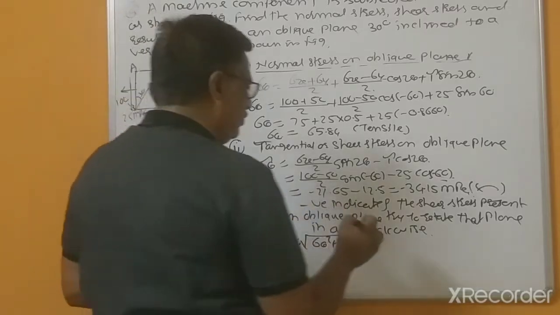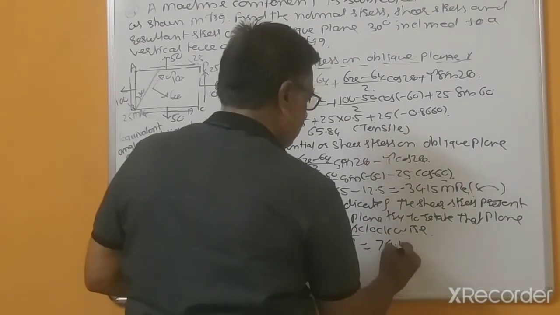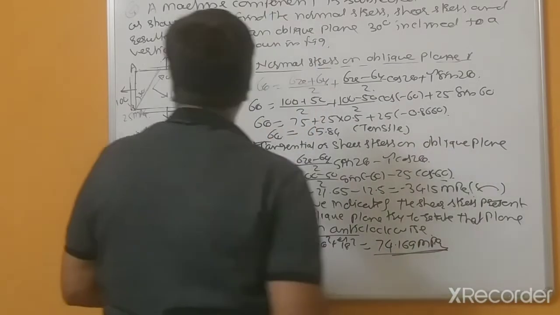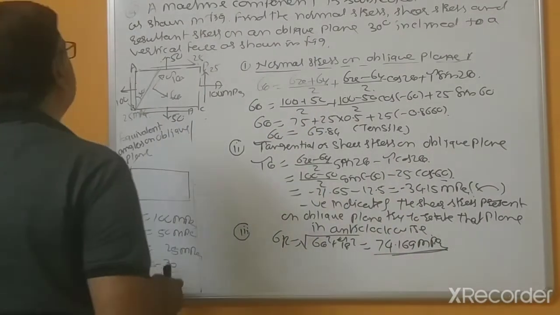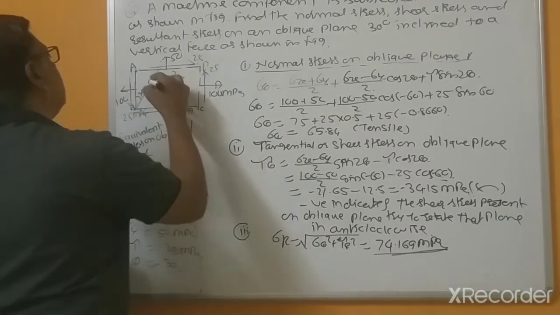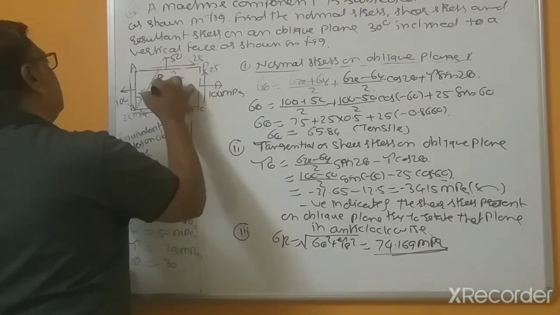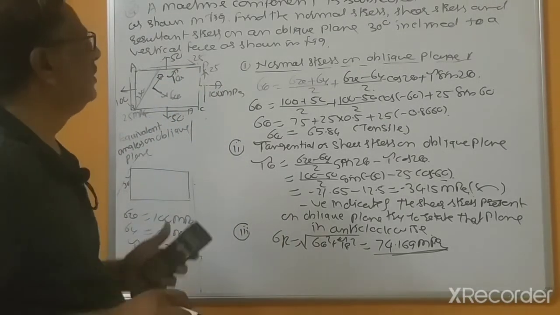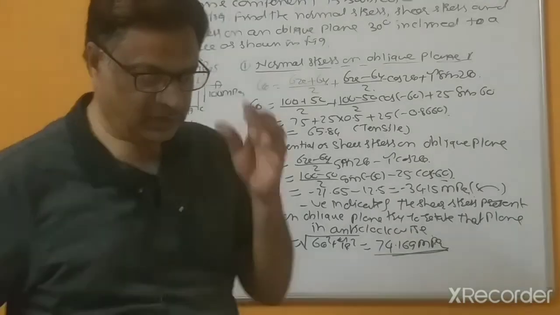This is 74.169 megapascal. Now this is the same again, negative tau theta, this is right. So this is the fourth problem.